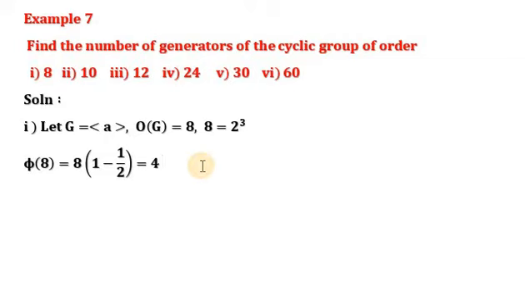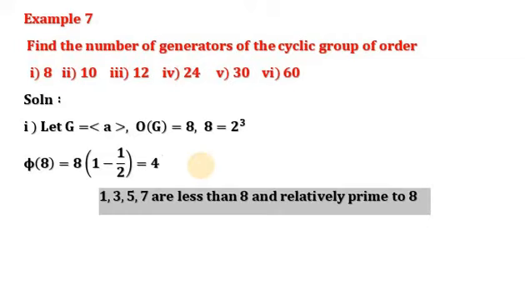So this group has 4 generators, namely 1, 3, 5, 7. They are less than 8 and relatively prime to 8. Relatively prime to 8 means, for example, 1 and 8 are divisible by only 1 and 8 itself. Even 3 and 8 are divisible only by 1.